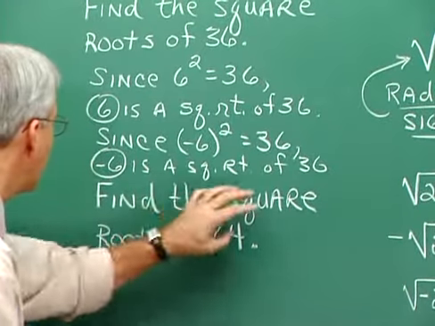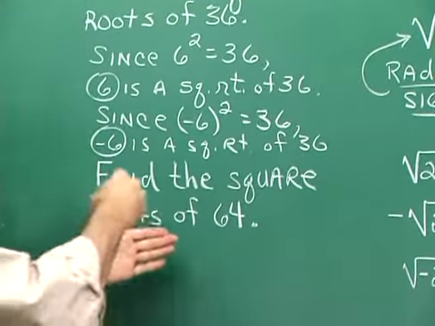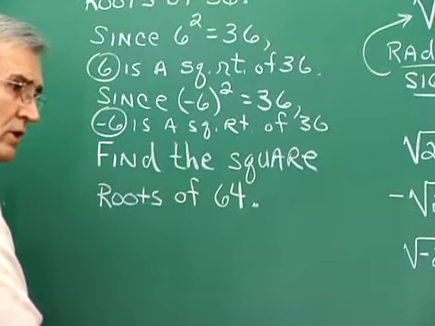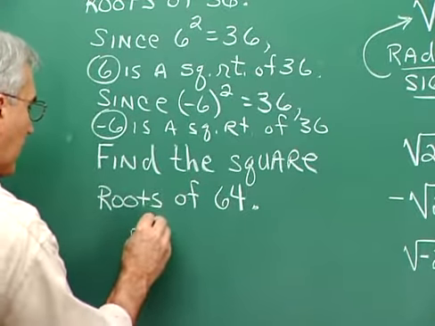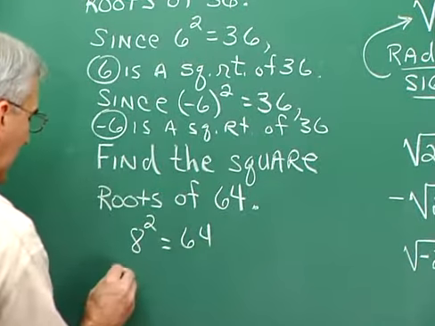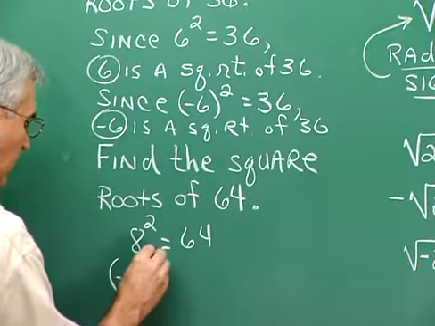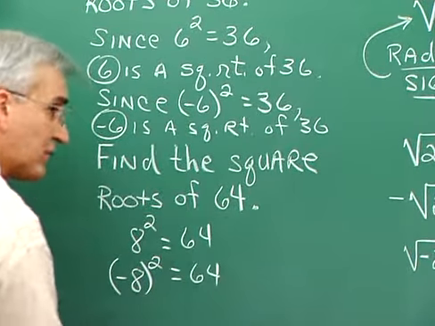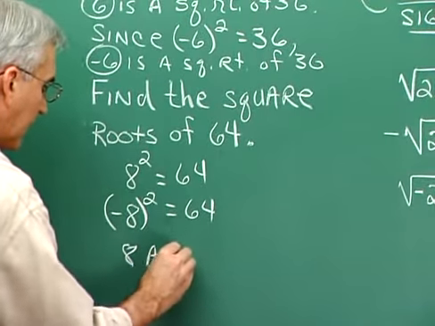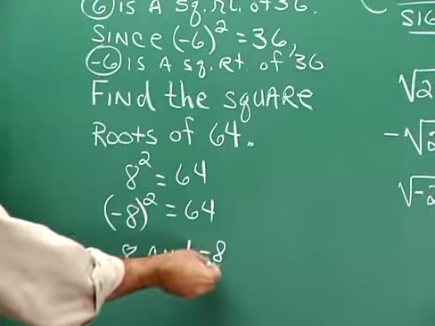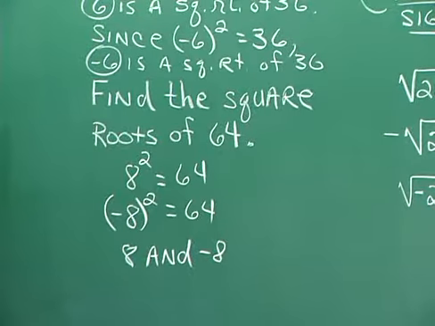Now, find the square roots of 64. Well, we know that 8 times 8 is 64. So since it is the case that 8 squared equals 64, and also negative 8 squared equals 64, then 8 and negative 8 are the square roots of 64. All right, so that's the idea.